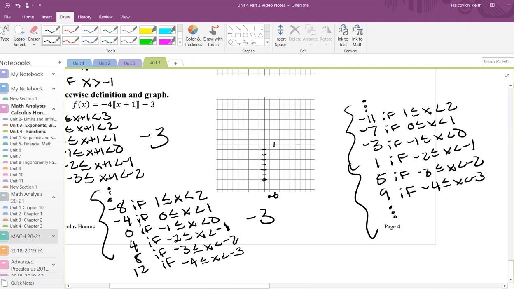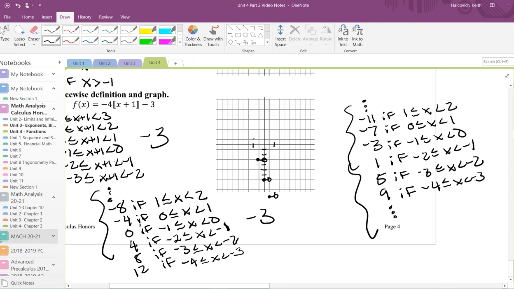So you're going to have a dot at 0 and an open circle. Connect them. And then at -1, it's going to be -3. Open circle, connect them. And then at -2, it's going to be +1.